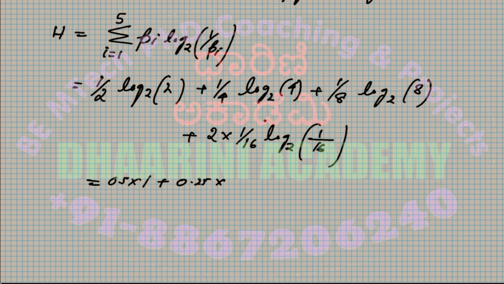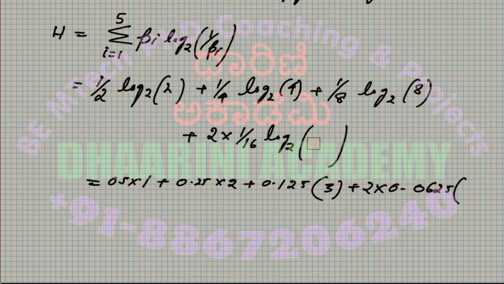So 0.25 into log 4 to the base 2 is 2. Next is 1 by 8, that is 0.125, and this value will be 3. Then 2 times 1 by 16 is 0.0625 into log of 16, sorry, I wrote it wrong here, mistake. I'll correct this.